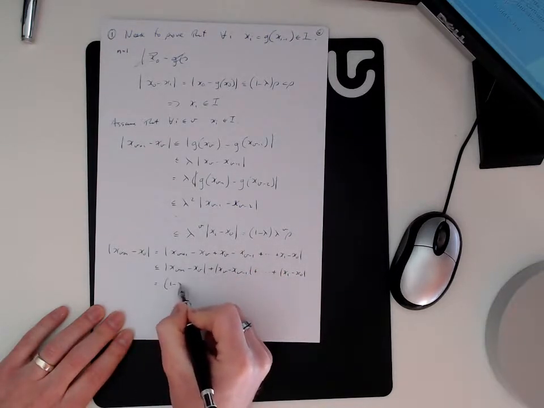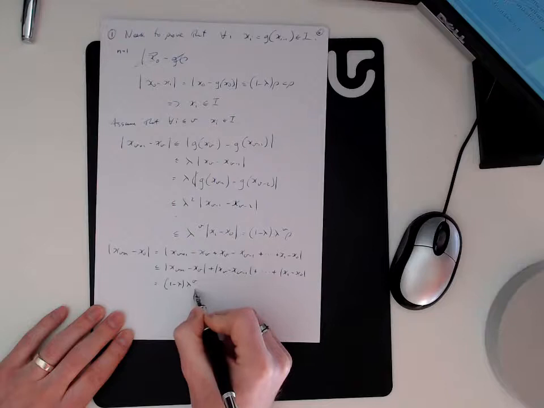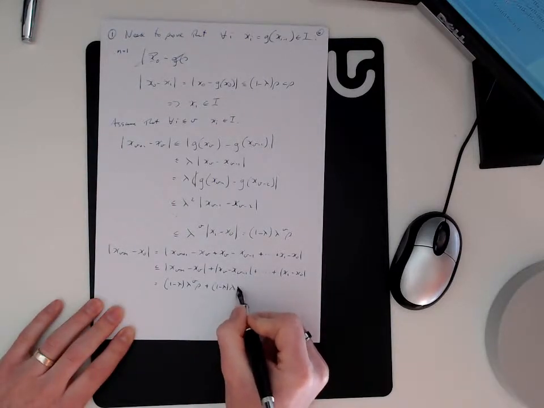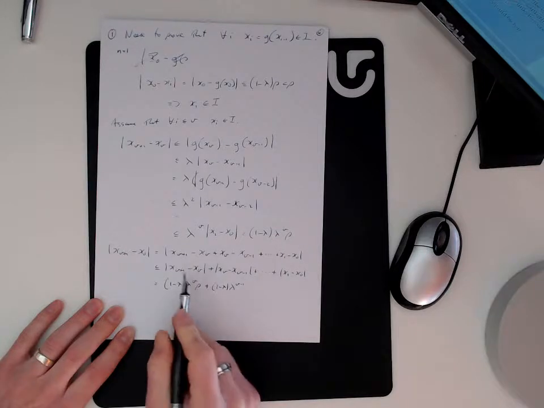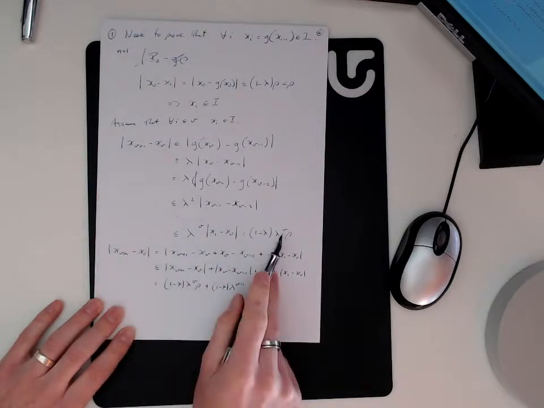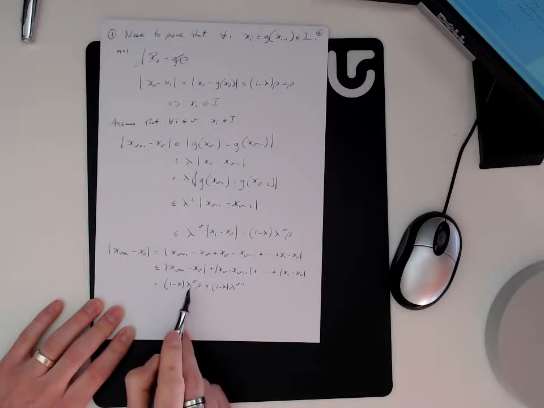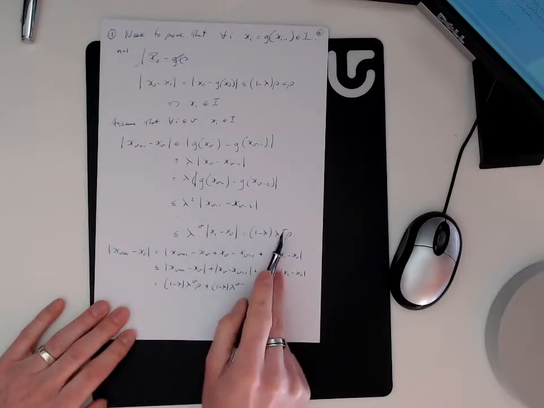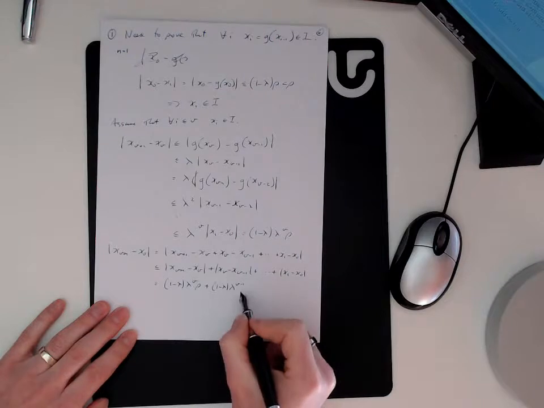So this is (1 minus lambda) lambda^v rho, plus (1 minus lambda) lambda^(v minus 1). That's a v plus 1, that has a v. This is just a v, so if that was just v, that would be v minus 1, which is why I have a v minus 1 row.